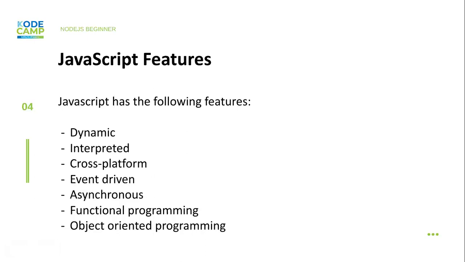That event might be a socket request, or an HTTP call, or any of those things. All those are events that occur for JavaScript to execute its code. Then we have that JavaScript is asynchronous.